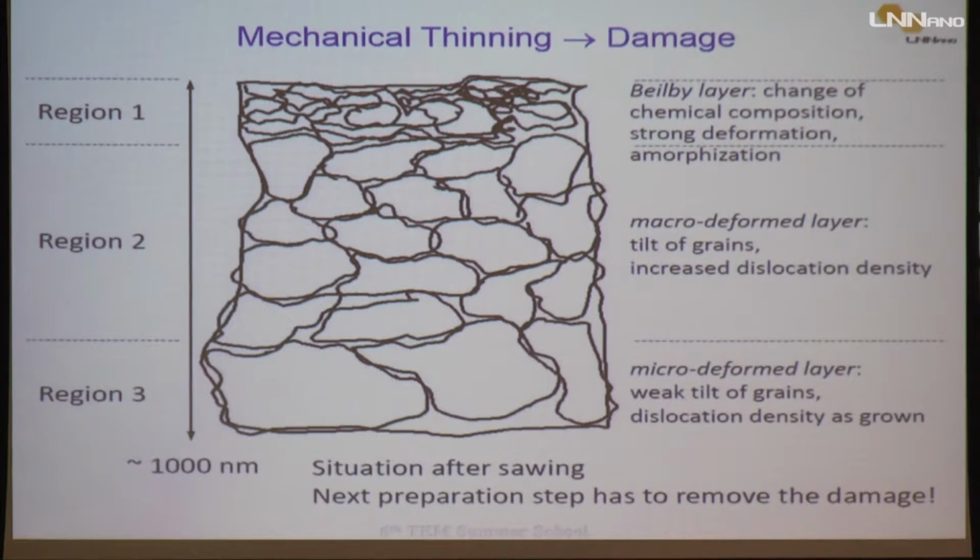You need to remove all of this to continue with your sample preparation. This is the idea. Then the next preparation step has to remove all this damaged layer. And then 1 micrometer of material needs to go out.